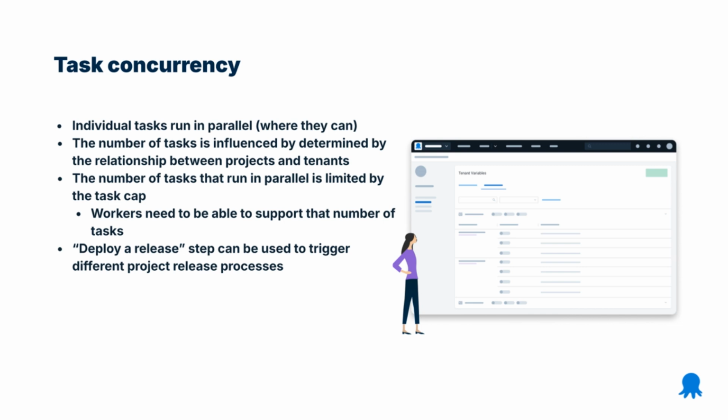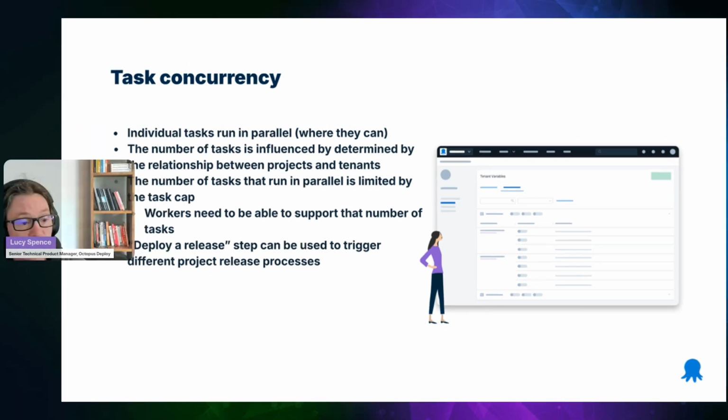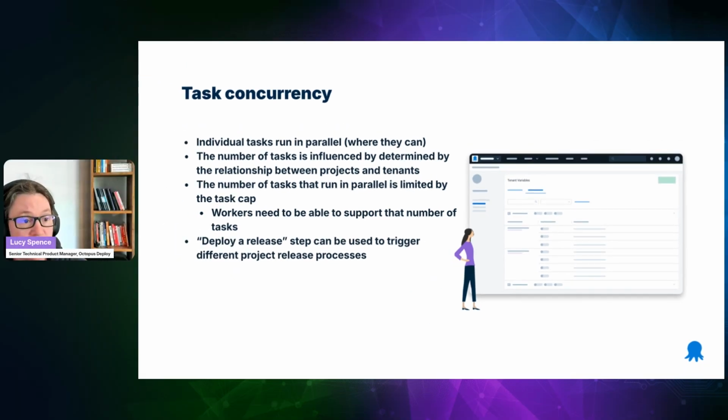What we didn't spend a huge amount of time talking about was, which I will just say, is talk specifically about the task cap. Depending on what license you're on, you may start off with a task cap of 5. We go all the way up to a task cap of 160. We have some really exciting stuff coming down the pipeline where we're going to be able to offer a much higher task cap than that.